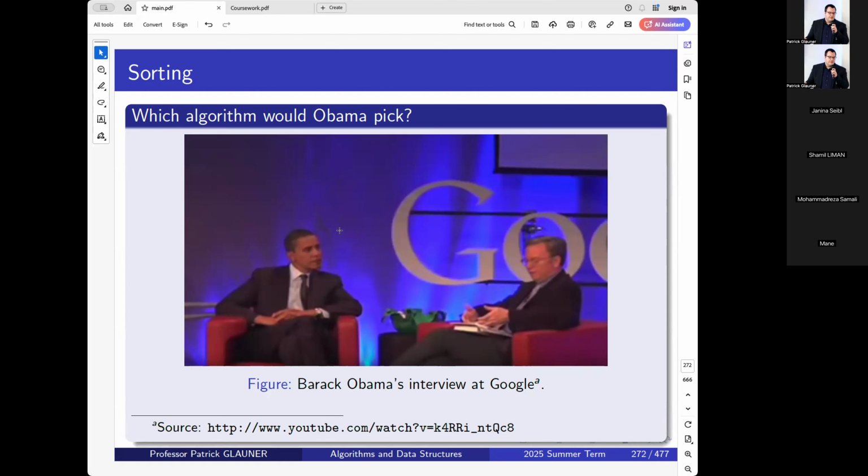And Obama then visited all sorts of companies and he visited Google. And Eric Schmidt was the chairman of Google at that time. And what they did was Obama was interviewed at Google for a job. And they asked him obviously lots of political questions, but they also asked him which sorting algorithm he would pick.